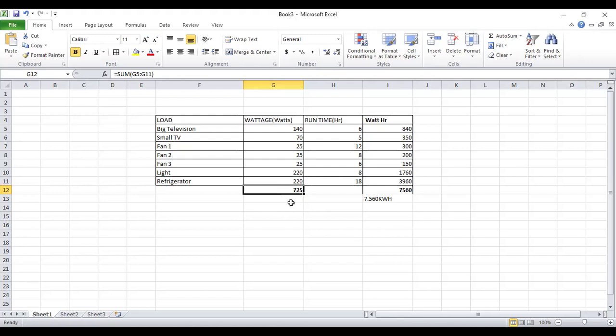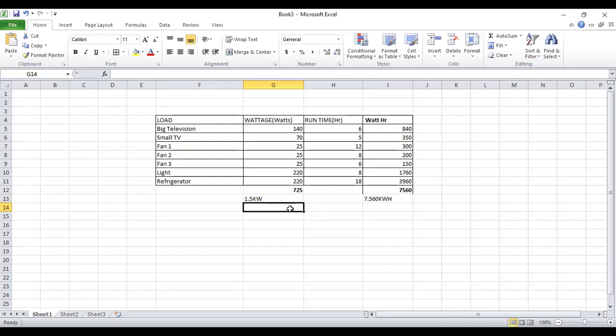Who can suggest an inverter capacity that will be twice the power rating of this guy? Who can suggest an inverter, please? 1.5 kilowatts. Okay, that's good. 1.5 kilowatts of an inverter will be the best to power this guy.